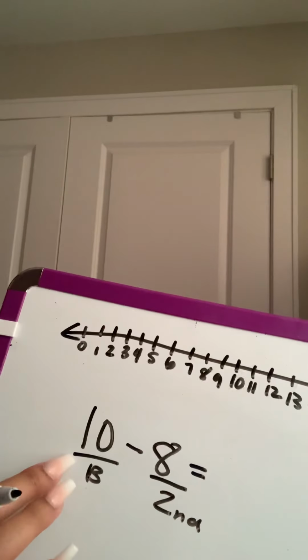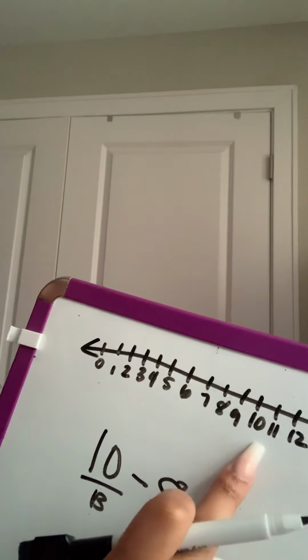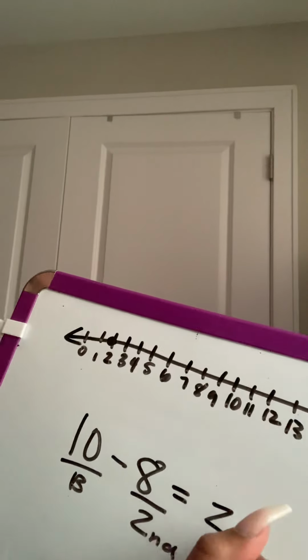And 8 is your second number. So you always start with your base number first, and then you count the amount of spaces as your second number. So let's start on 10, and you're going to go back 8 spaces. So 10, 1, 2, 3, 4, 5, 6, 7, 8. Okay? And so your dot is going to go on 2 because that is your answer, and that is 10 minus 8.